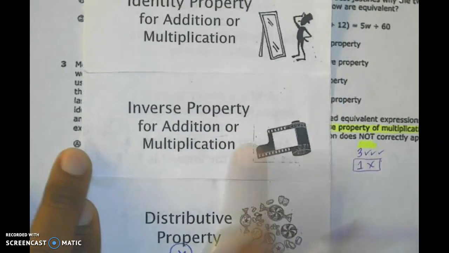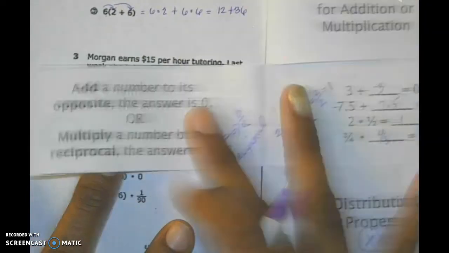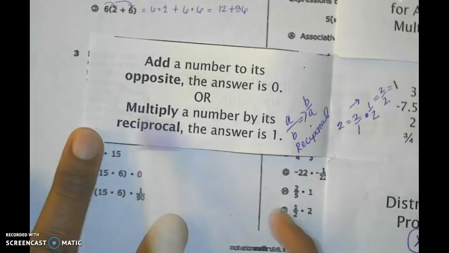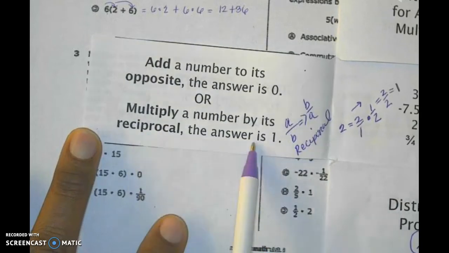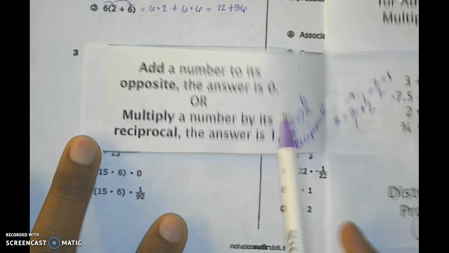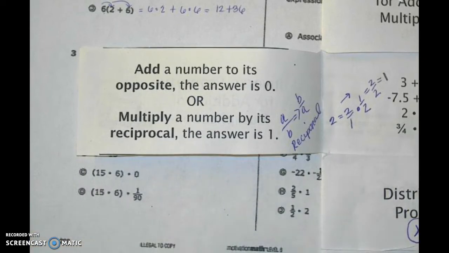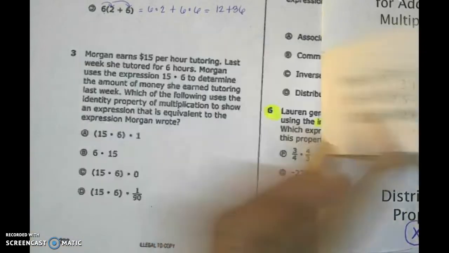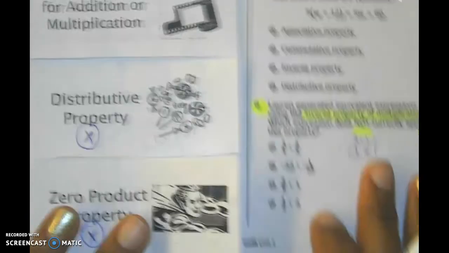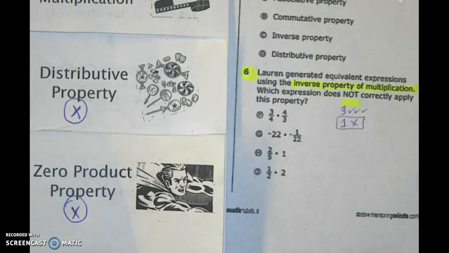The inverse property of multiplication says multiply a number by its reciprocal and the answer is 1. And we remember a reciprocal is A over B becomes B over A. So we're going to multiply by reciprocal to get 1. So which one of these is not going to give us the right answer?